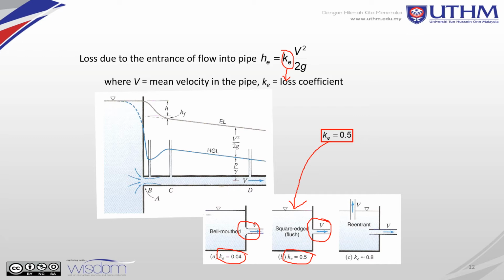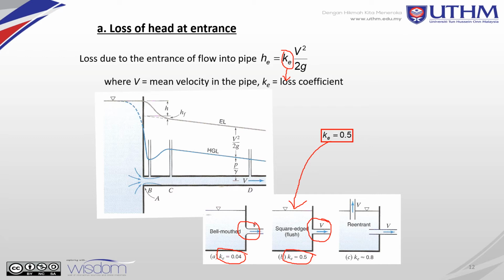You just need to know how to tell what is the square edge and what is the bell mounted. If KE is 0.5, you automatically know this coefficient is for the square edge flush.